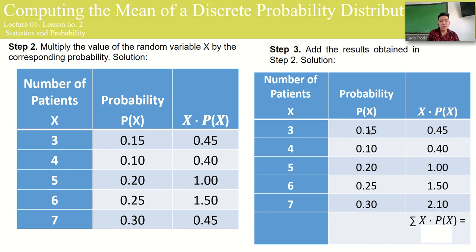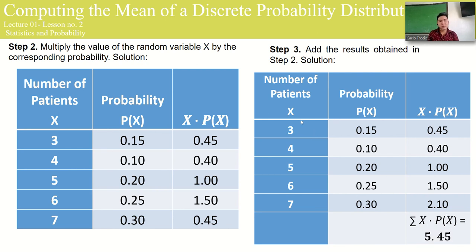But before that, you need to check if your probability is equal to 1. So you need to add it. 10 plus 20, that is 30, plus 15, that is 45, plus 30, plus 25, that is 1. In the products column, it will not be equal to 1, of course. So you're just going to add it, and this is now the mean.